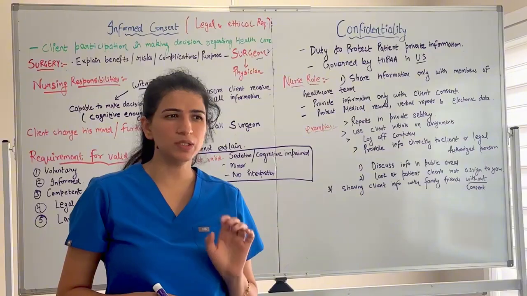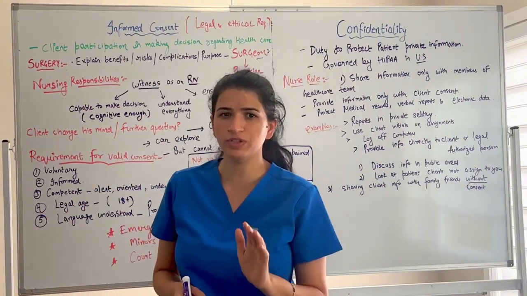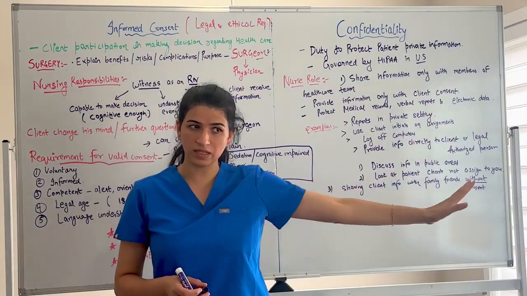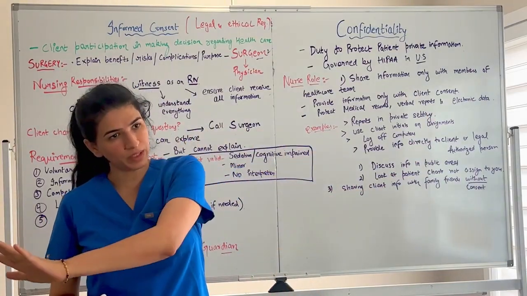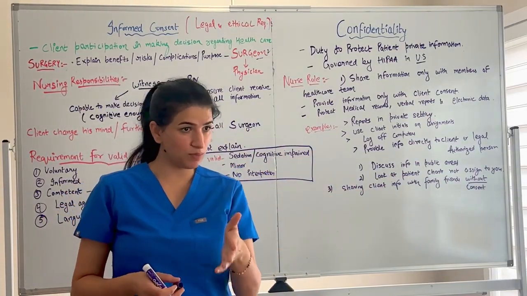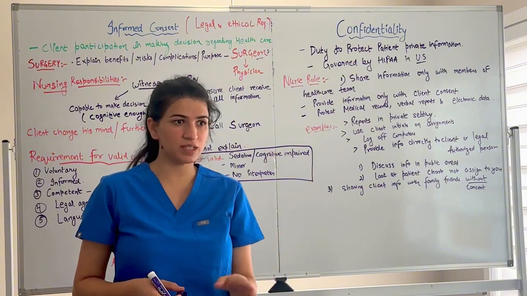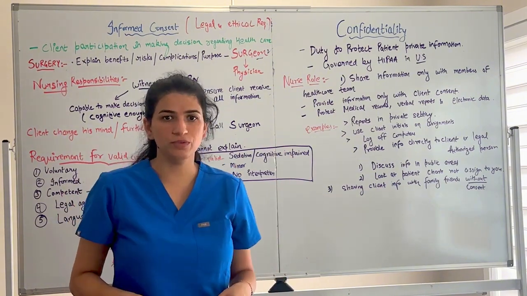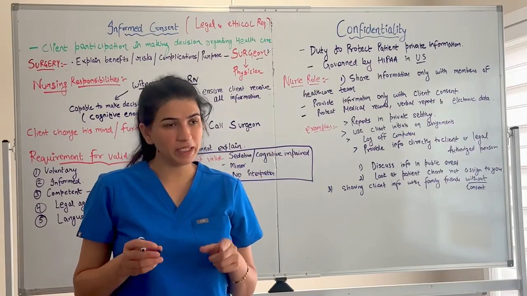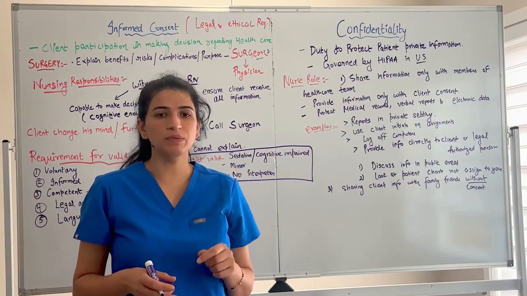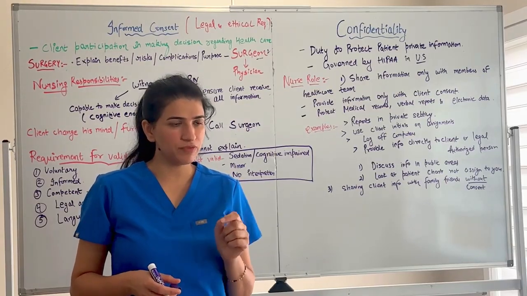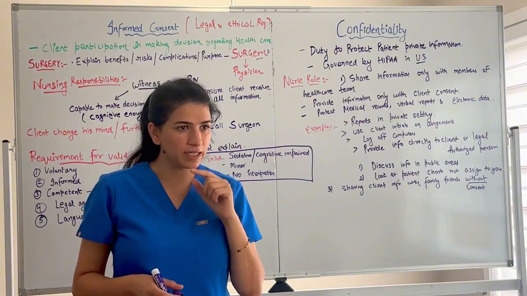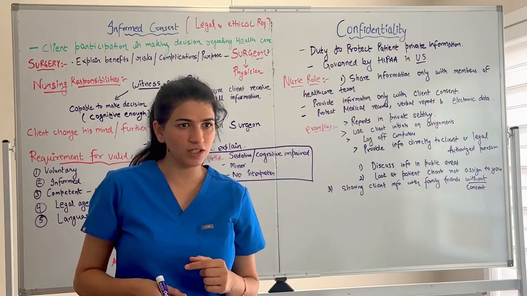Always get the consent, because I know there is a lot of difference in nursing practice between developing countries and already developed countries. As you remember, back home in most countries, we just go and put the blood pressure cuff because you think it's important for the patient, right? But here, if you do that, it will be a big trouble, right? So definitely always ask the patient, explain it, and after explaining, then get the consent.